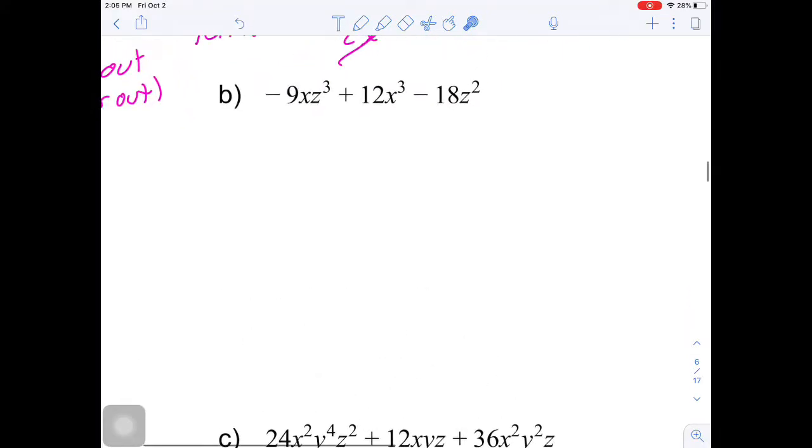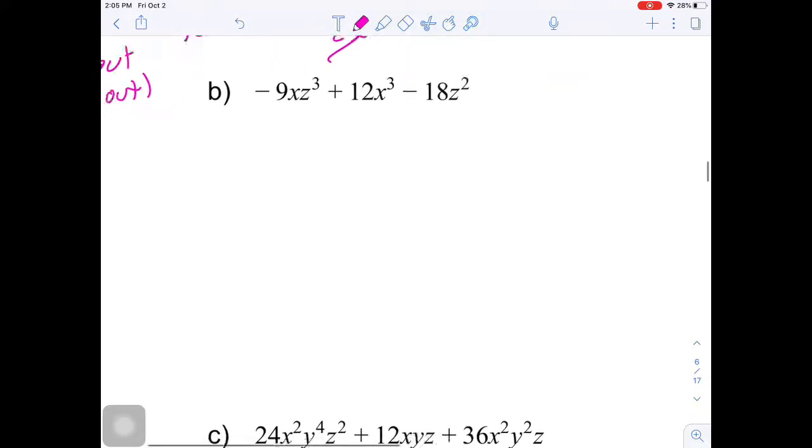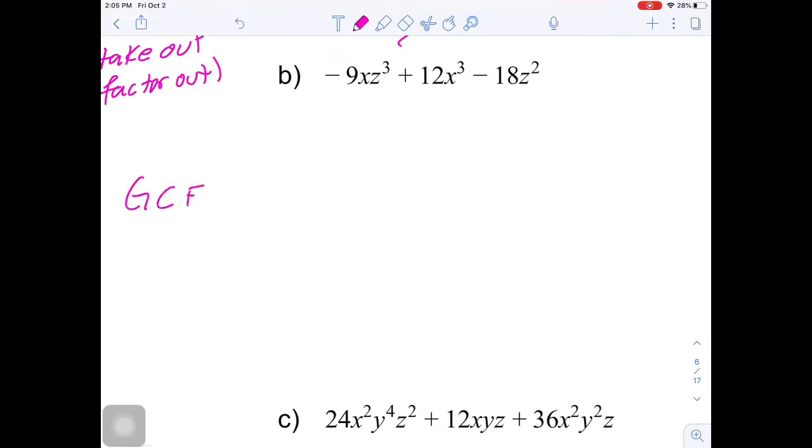Now here, what do all these things have in common? Let's find out their greatest common factor. Well, if we look at all the values, 9 and 12 and 18, they're all divisible by 3. So I'm going to take out a 3.